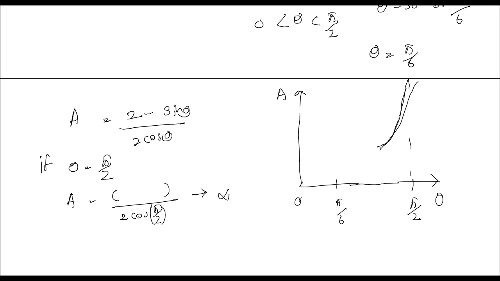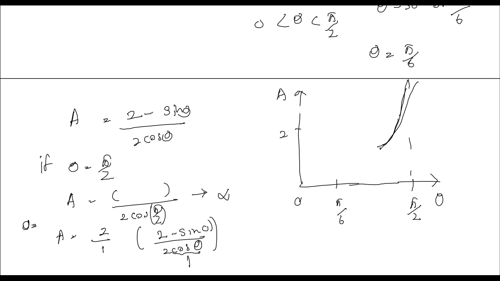I don't know about pi by 6, but let me check at 0. What I did was I just substituted theta equals 0. I did 2 minus sin 0 over 2 cos 0. Sin 0 is 0 and cos 0 is 1.